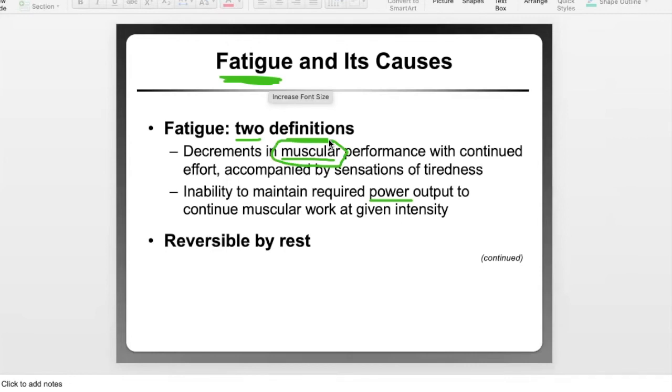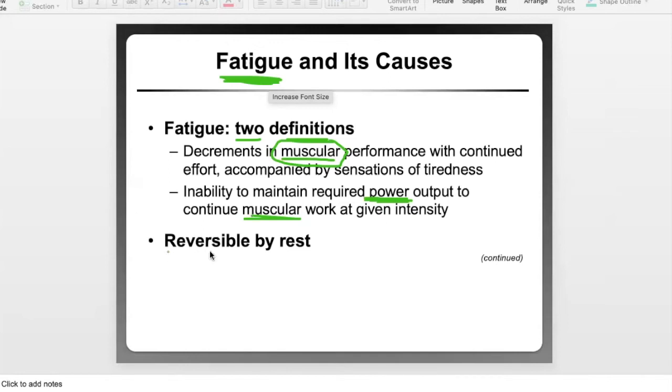And if that's the case, then there's going to be slowness in the contractile rate or that whole contraction process. Or it could be that your body just doesn't have enough fuel or energy to allow for the appropriate work done at the muscles.